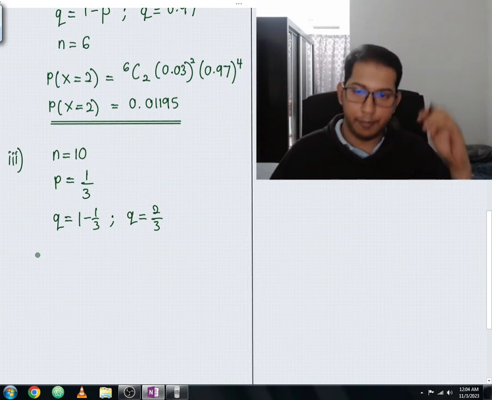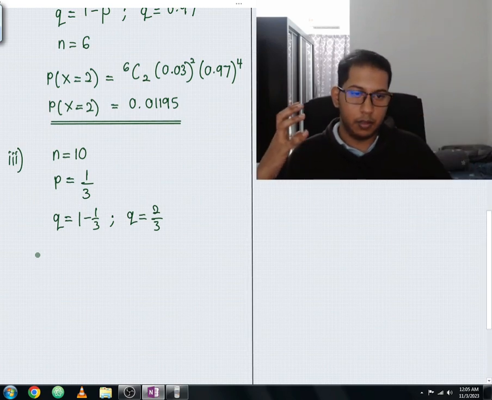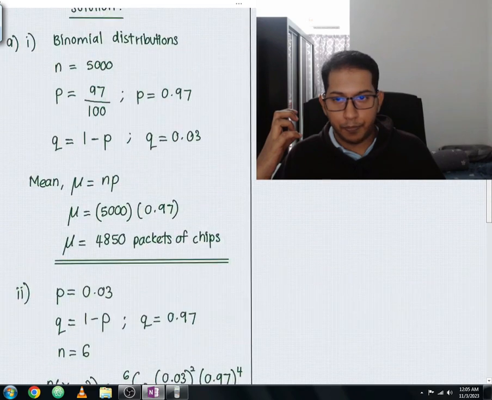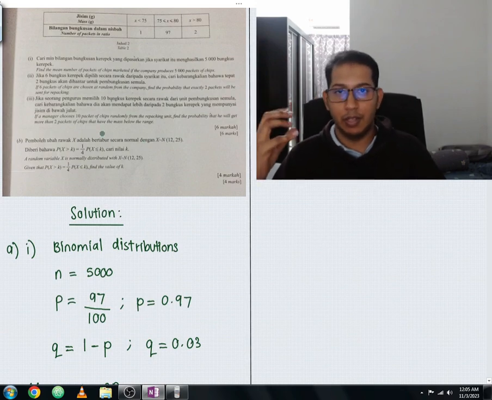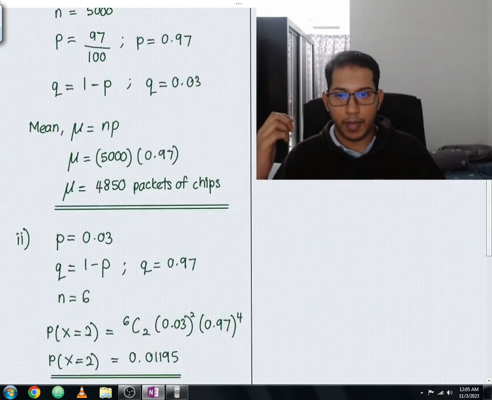We are required to find the probability that he will get more than 2 packets which are below the range. Okay, more than 2 packets.